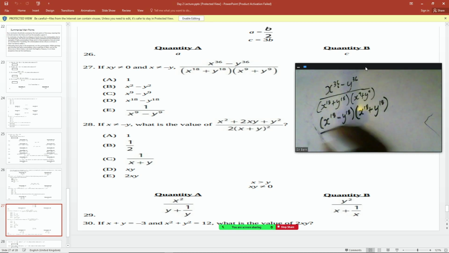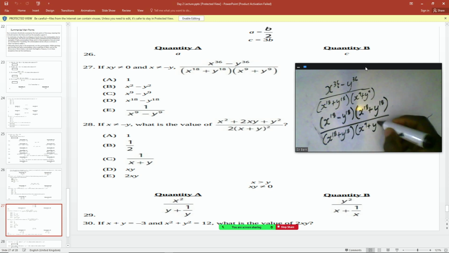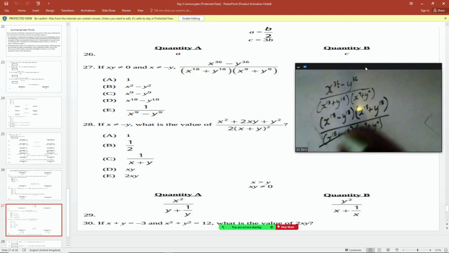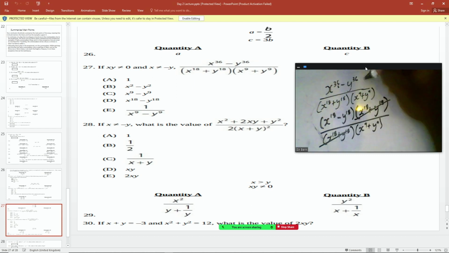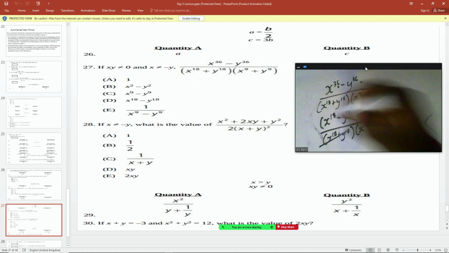So this would be divided by x to the power 18 plus y to the power 18 multiplying x to the power 9 plus y to the power 9. With this, you see that the plus term can cancel out. So we are left with x to the power 18 minus y to the power 18 over x to the power 9 plus y to the power 9. Just like we did for this, when you divide 18 by 2, you get 9.